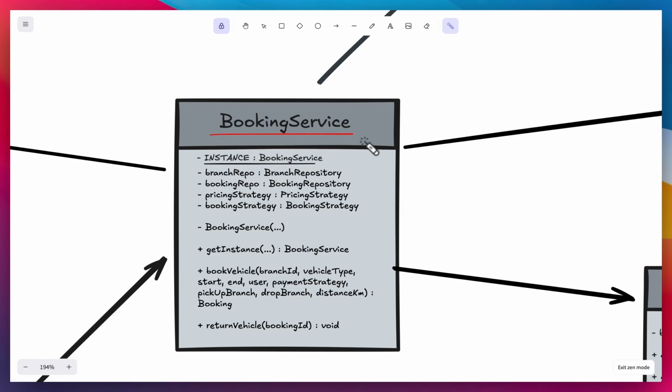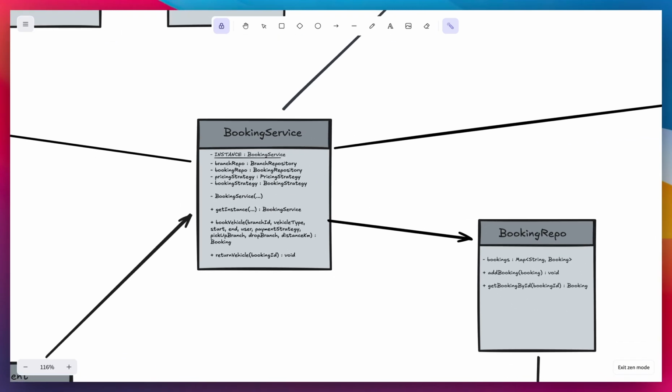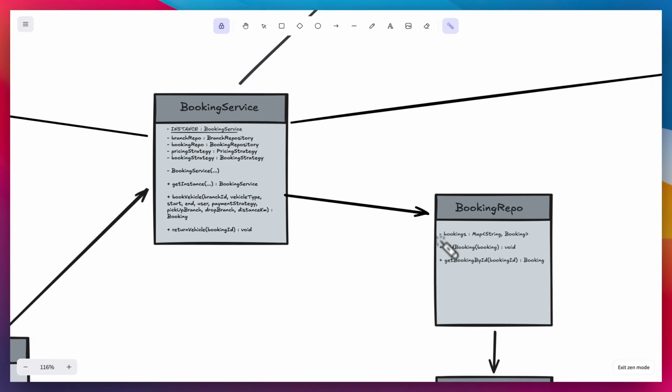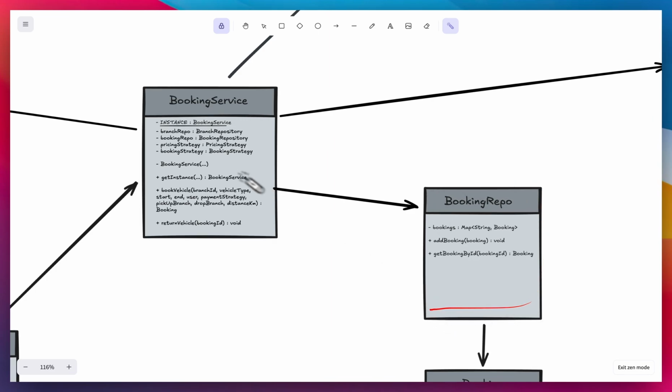Now this booking service class has objects of branch repo and the booking repo. So if you remember, the service layer will only handle the logic related to business. All the logic related to data would be handled by the repository layer. So that's the reason why I will be handling all the CRUD operations like add booking, get booking in the repository layer.